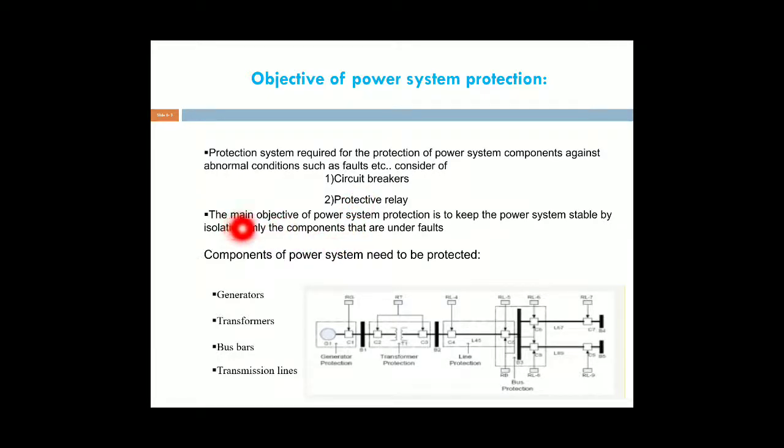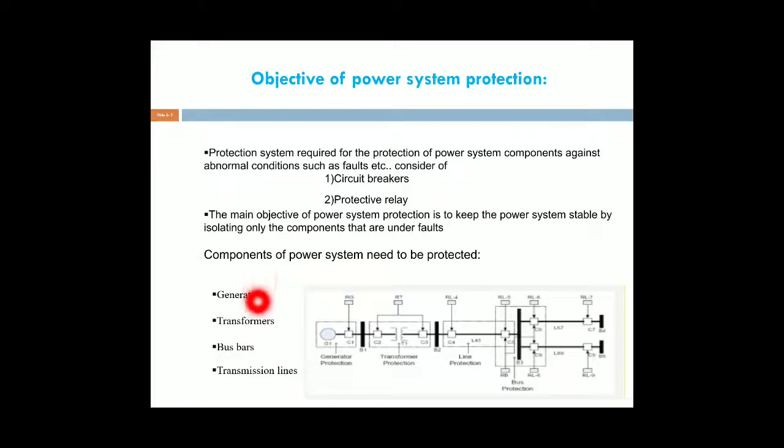The main objective is to keep the power system stable by isolating only the components that are under fault. If any fault occurs in the power system, only that particular part is isolated and the other parts remain within the safe zone, in a stable condition.